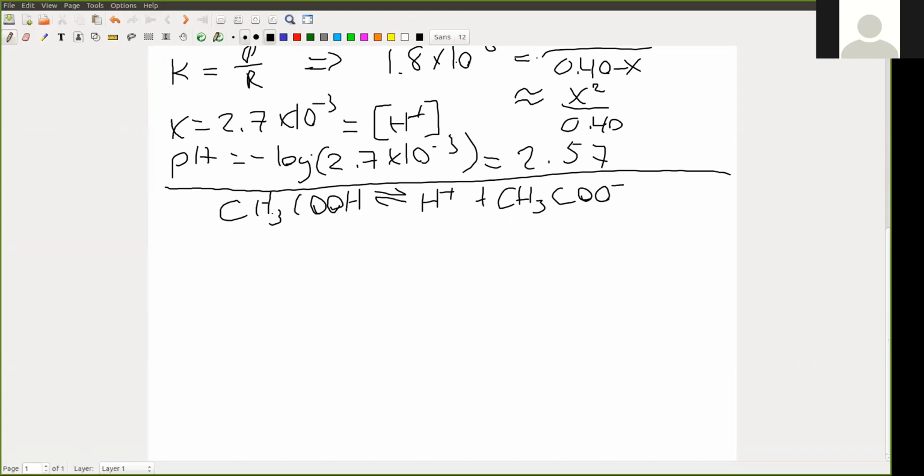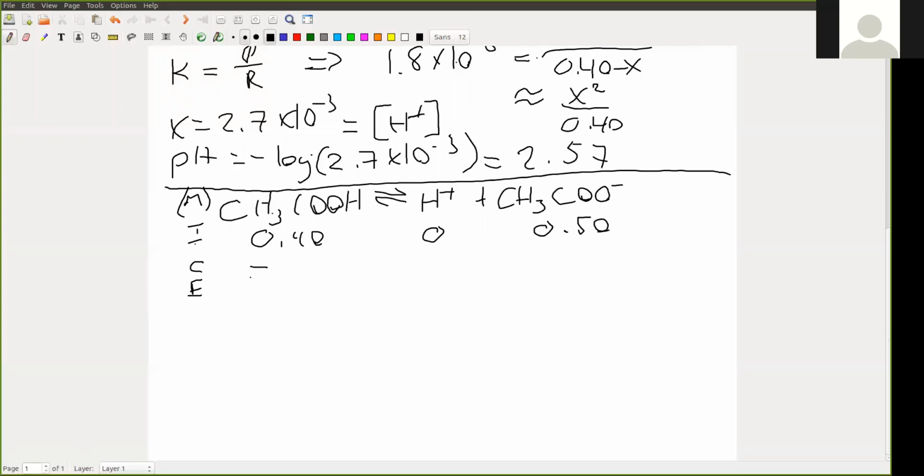Then we'd have our initial, our change, and our equilibrium. Our initial for acetic acid, again, would be 0.40 molar, dealing with molar here. Our initial for protons is 0, but because of the sodium acetate dissociating, we now have an abundance of acetate ions, so we start off with 0.50 molar of acetate.